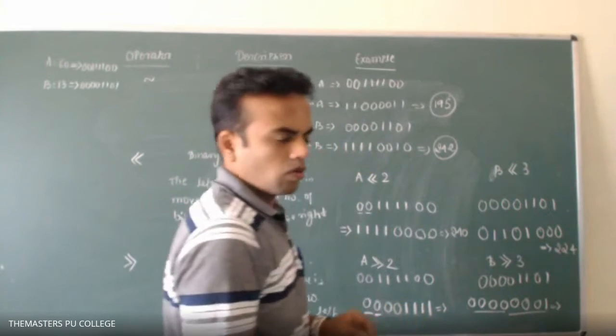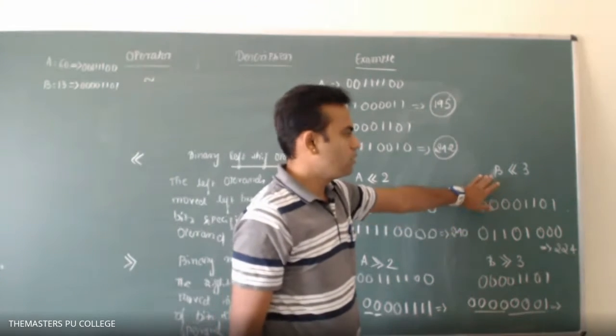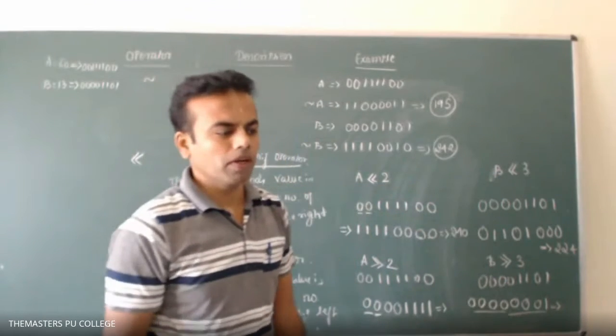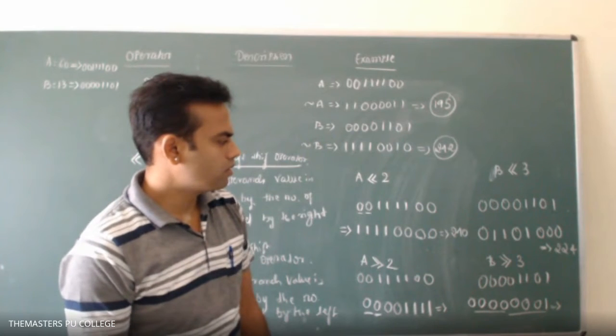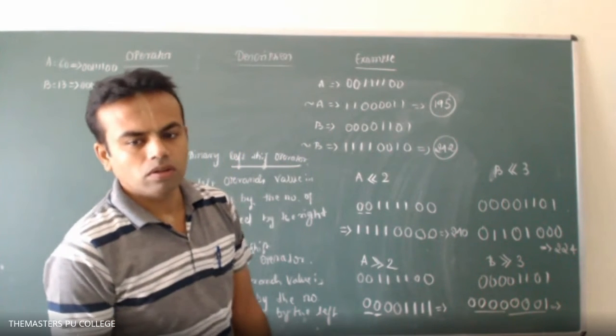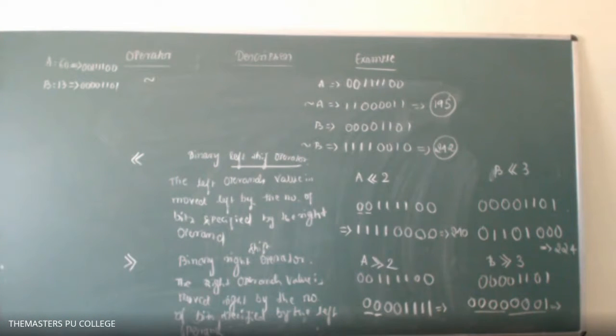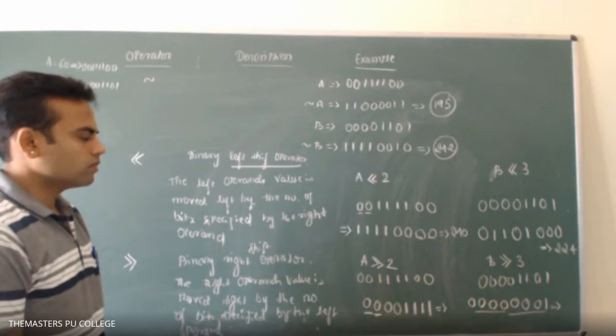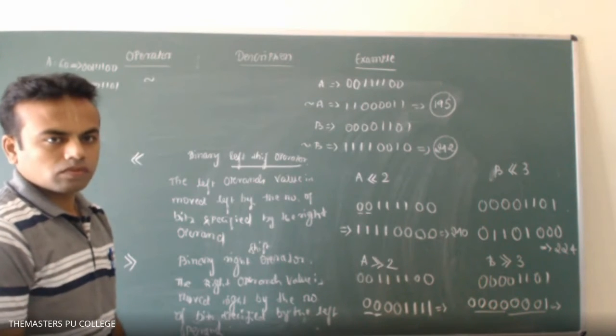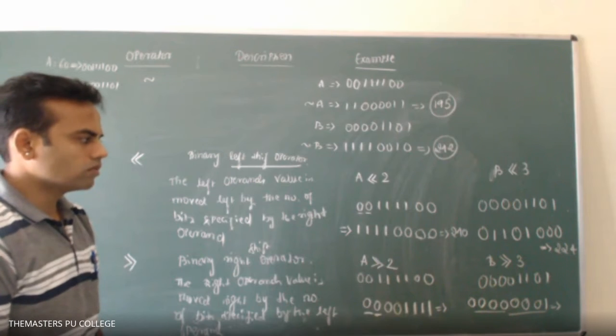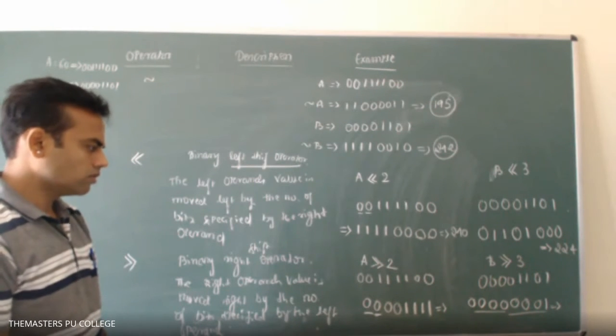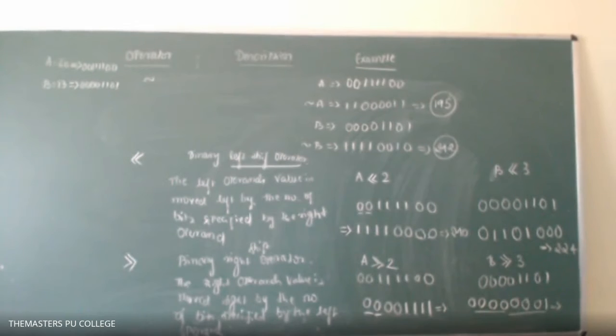224? 124 or 224? Let me see this, B left shift 3. 248? 40? 104? Sir, it's 224 only. Now check it yourselves. 2 power 7 is 128, 2 power 6 is 64, 2 power 5 is 32. If we add, 224?